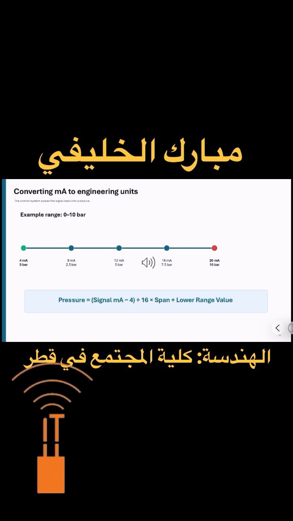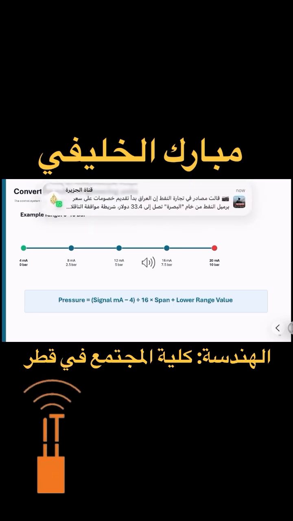A signal of 12 milliamps is the middle, so it equals 5 bar. The formula is signal minus 4, divided by 16, multiplied by span, then plus the lower range value. This scaling is usually done inside the PLC or control system.